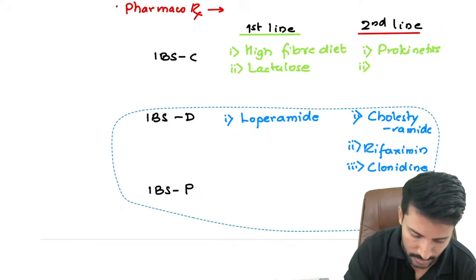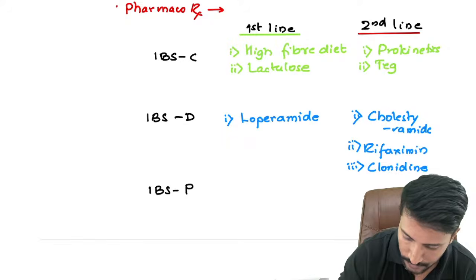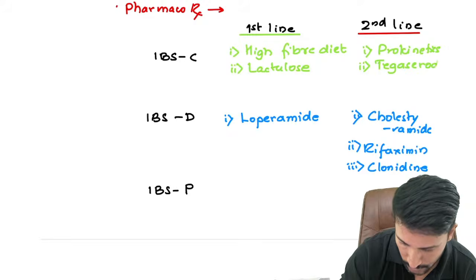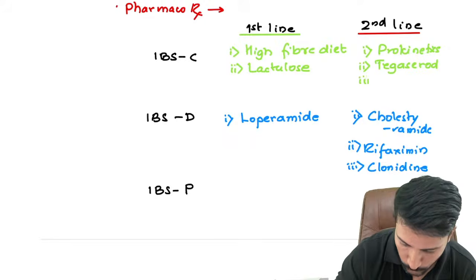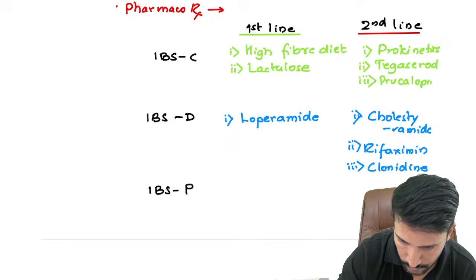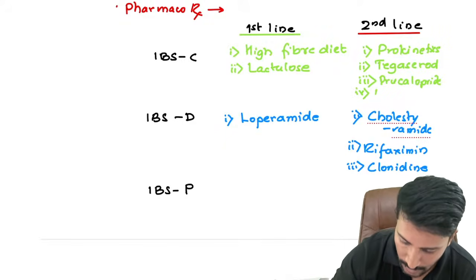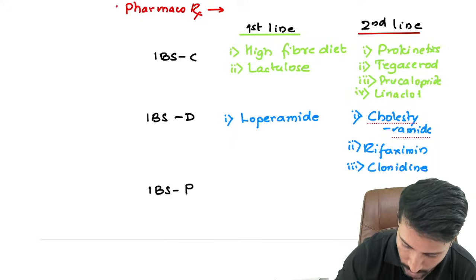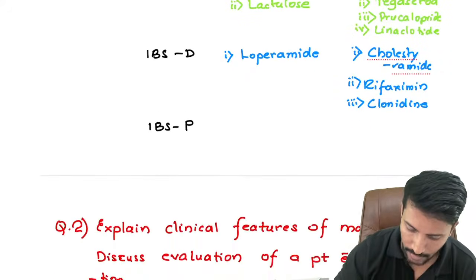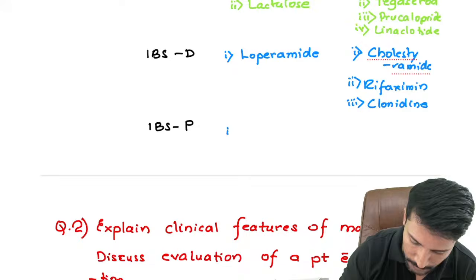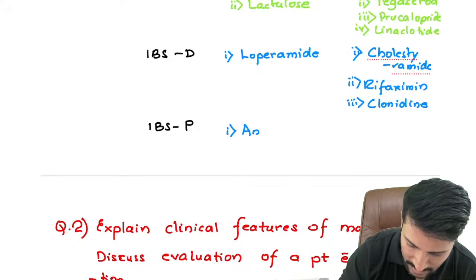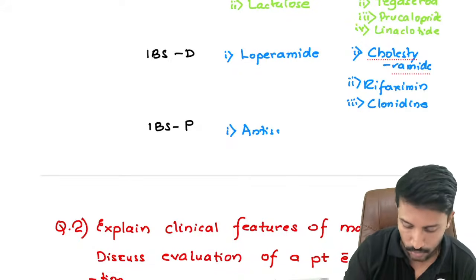That includes drugs like tegaserod, and then we have prucalopride, and then we have linaclotide. Okay.